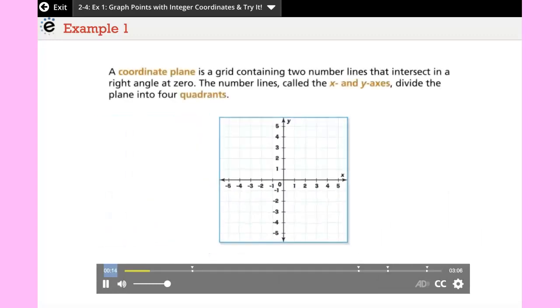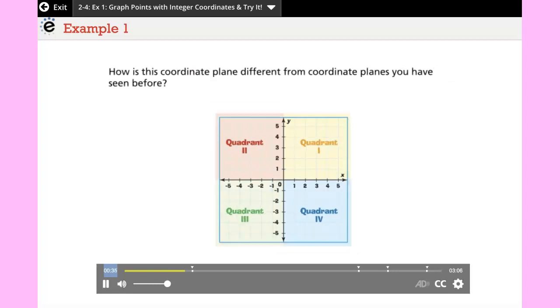A coordinate plane is a grid containing two number lines that intersect in a right angle at 0. The number lines, called the x and y axes, divide the plane into 4 quadrants. Extend what you know about grids to the coordinate plane. How is this coordinate plane different from coordinate planes you have seen before?